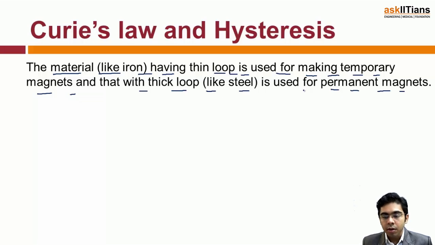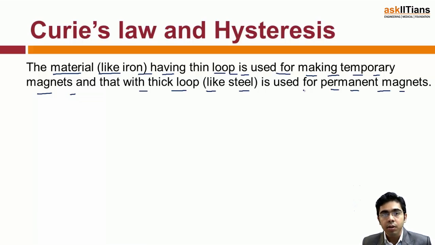In brief, why do we need a thick loop for making a permanent magnet? Because what do we want? It should not magnetize or demagnetize easily by applying a field. Whatever field you apply, it should not magnetize or demagnetize easily. So it should have a very high value of retentivity and coercivity.